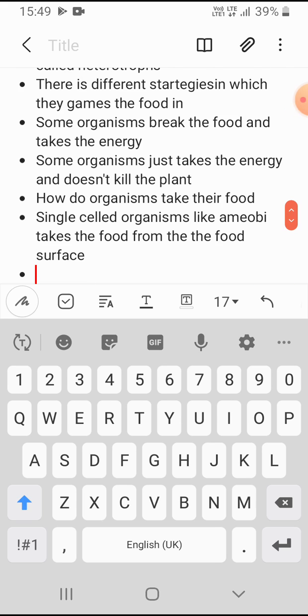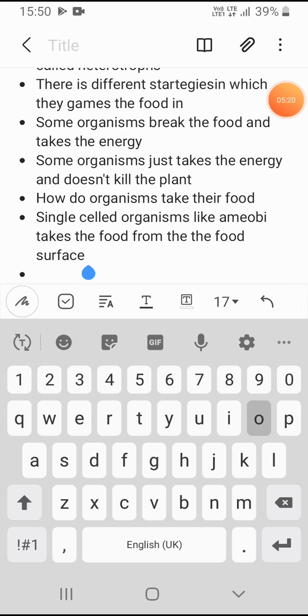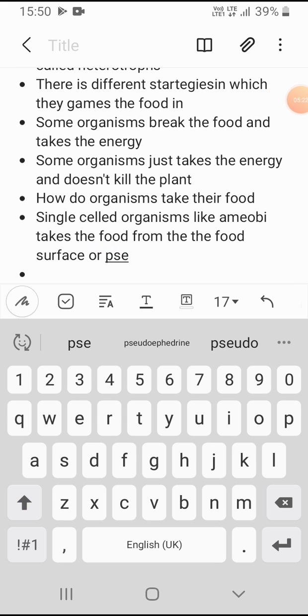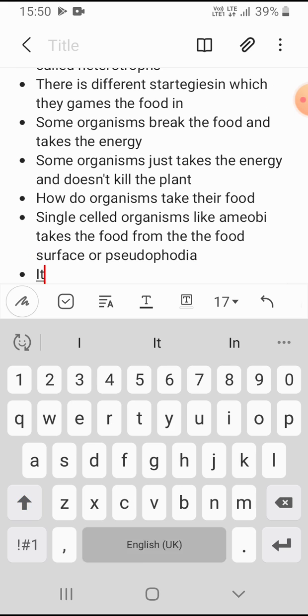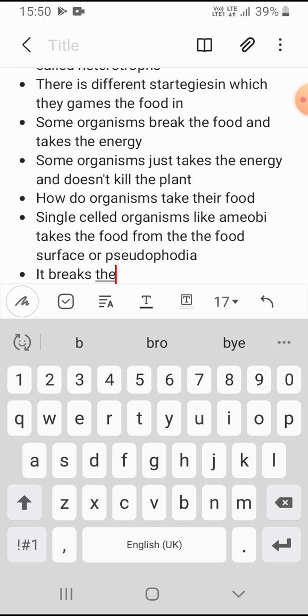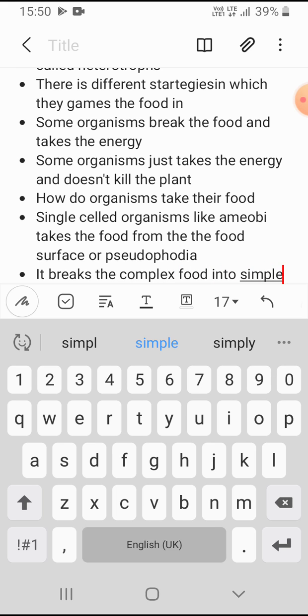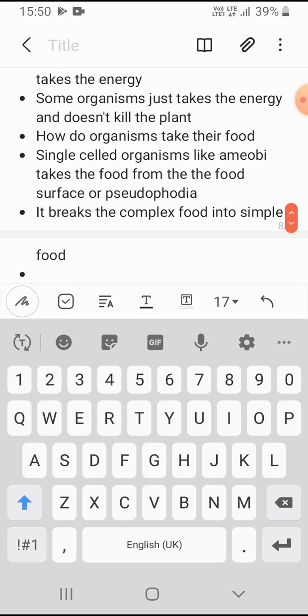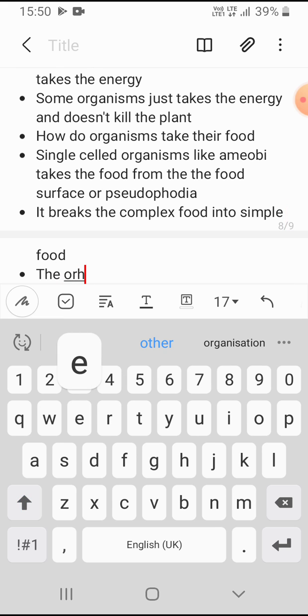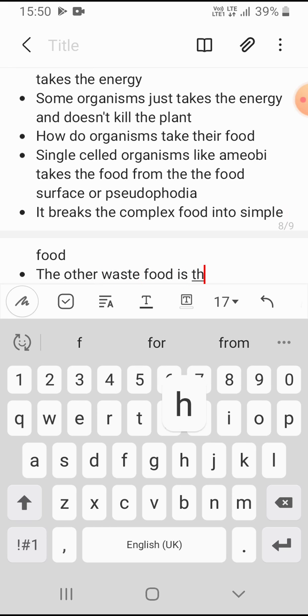From there it extends pseudopodia that take the food in, and it breaks the complex food into simple food. The other waste is thrown out.